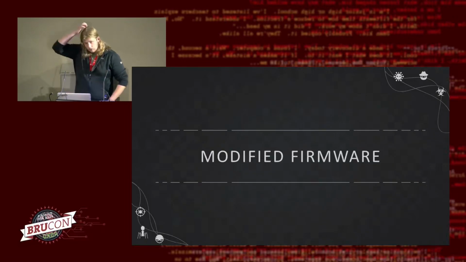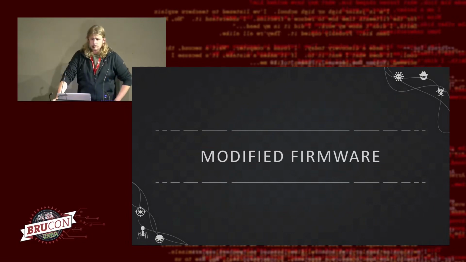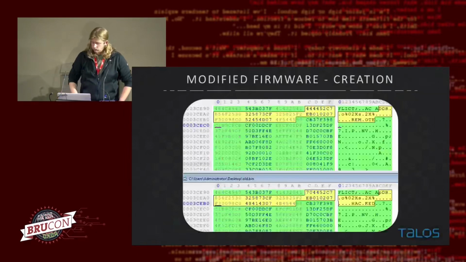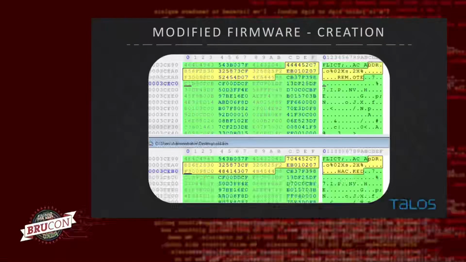So with SNMP enabled, I'm going to move on to the real reason we were even looking at the protocol, which was to flash new firmware onto the device. To do this, for time requirements, really a means to an end here, we took and modified one of the existing firmware files at the time.